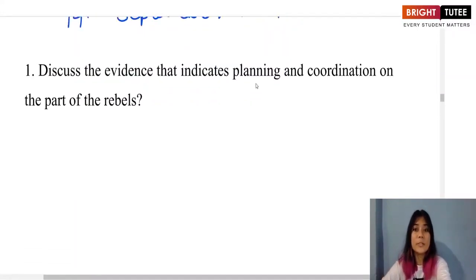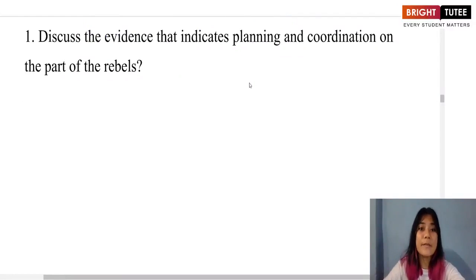The next question. Discuss the evidence that indicates planning and coordination on the part of the rebels. So basically, we have to point out what indicates that the revolt was planned and coordinated. Okay, what shows that the rebellion of 1857 was planned and well coordinated.